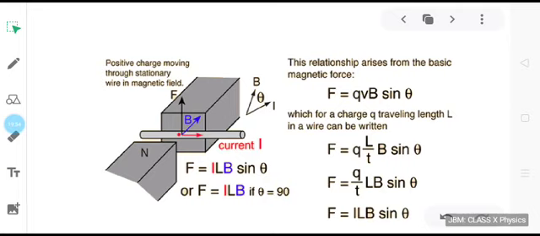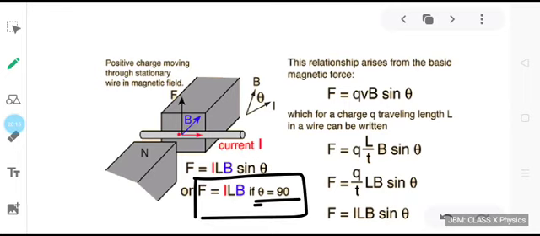So obviously, if the current carrying conductor has been kept at right angles to the direction of the external magnetic field, that is theta is equal to 90 degrees, then the force acting on the conductor is going to be maximum.